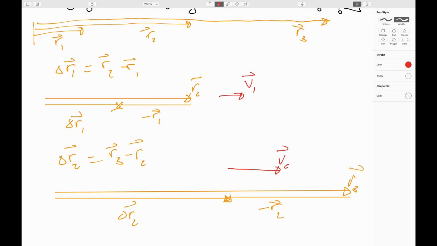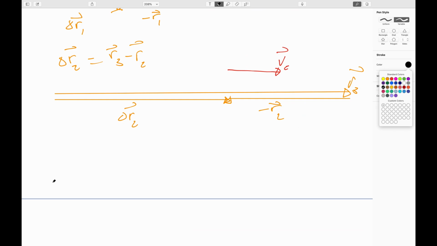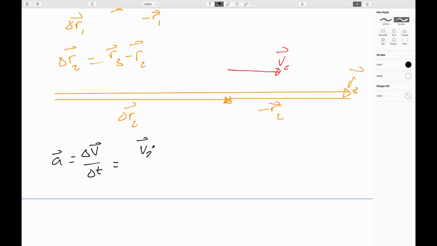So now to find the acceleration, we can say, all right, the acceleration is the change in velocity over time. So that will be my v2 minus my v1 over delta t. All right.